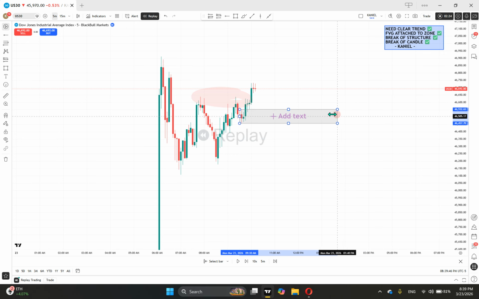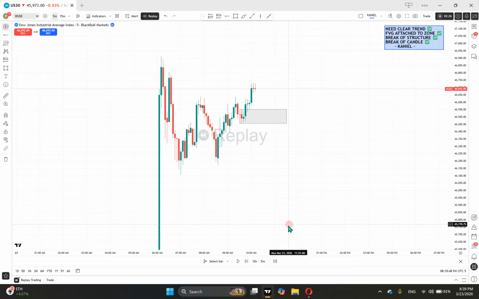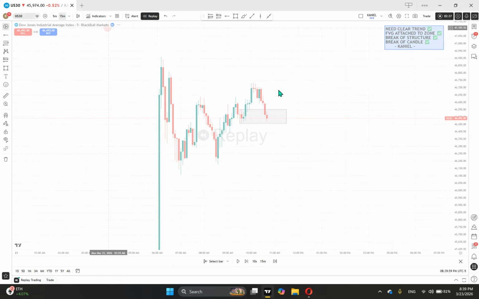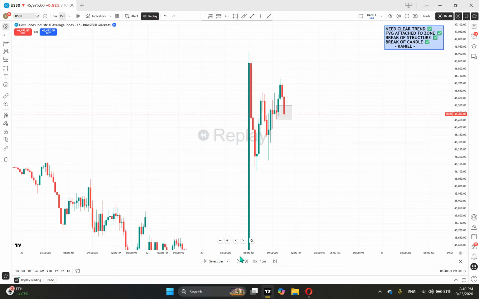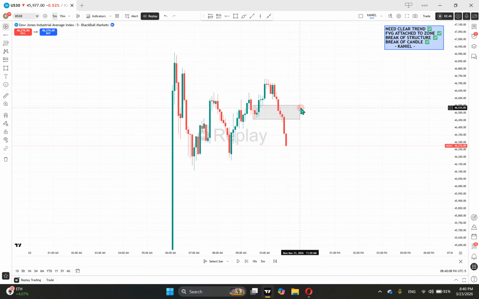It was a minor high, so I was willing to take it, but I would take it on the 15-minute break of candle entry. So I was waiting for price to come back to the zone, which was that candle, but instead price broke out, as you can see. Still, I kept watching the market to see what setup could present itself.